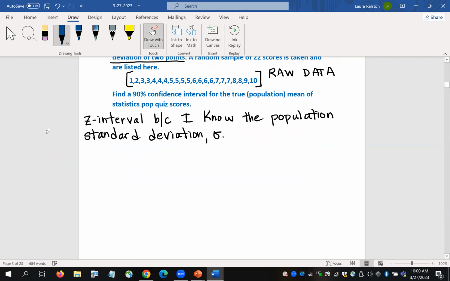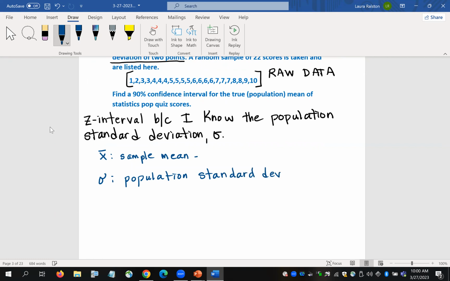Okay, so I have to enter that data, but to think about initially, I don't know the sample mean. Minitab will figure it out for me. I have the population standard deviation. I still need the sample size.